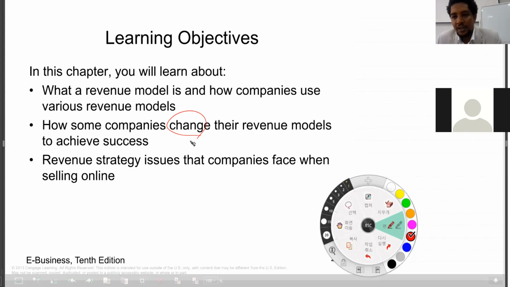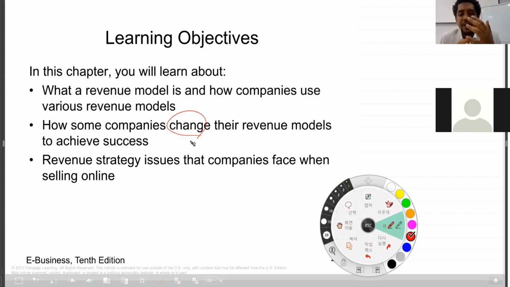You get money from subscription. Then through time, you identify that subscription is not enough. So you can change your revenue model to advertising and subscription, which means you allow advertisements to run on your website. So you gain some money from the advertisement and you also gain some money from subscribers, okay?